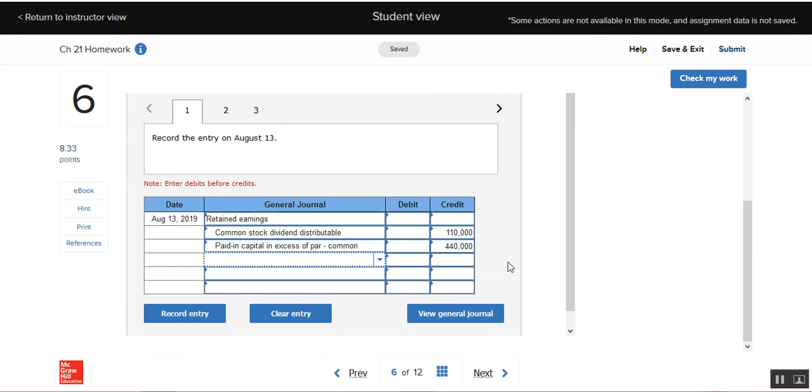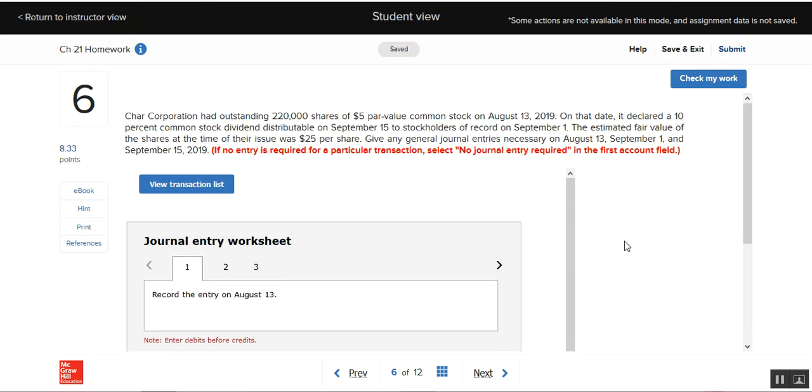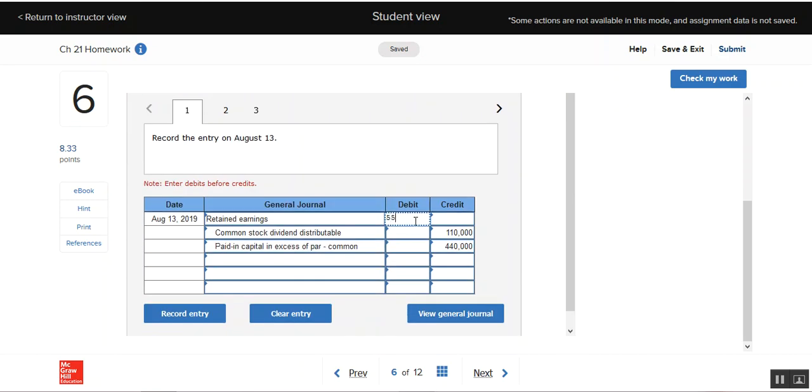And then the retained earnings, that would be the decrease, would be the 22,000 shares that you're going to distribute times the fair value of $25, which is $550,000. So I actually calculated that paid-in capital. If you wanted to, you could calculate the retained earnings decrease, and that's very much like when we calculated how much cash a company was going to get when they sold a common stock.